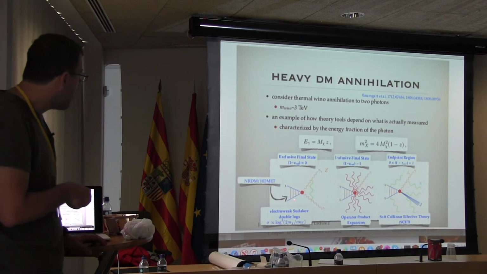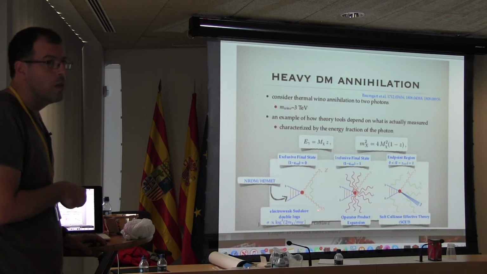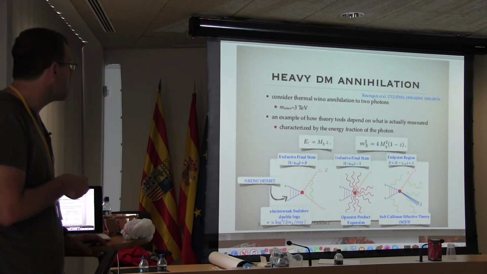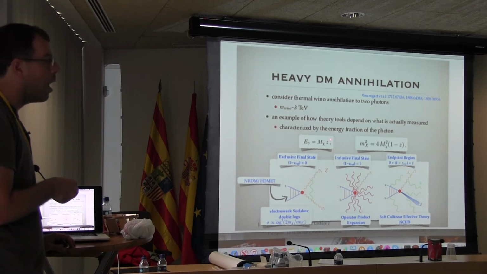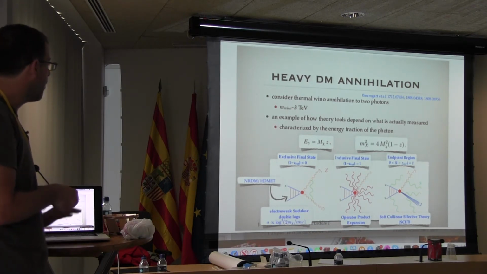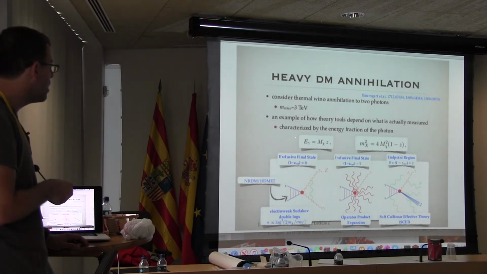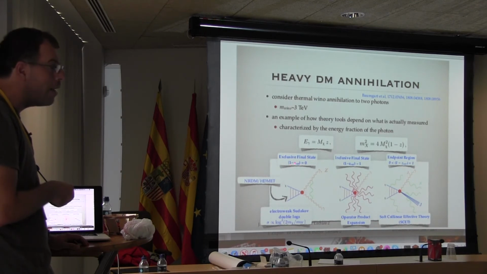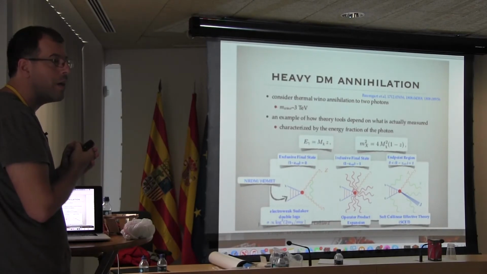That means the energy release was 2 times the mass of dark matter, and it went into 2 photons, so each of these 2 photons has the energy of m chi, and that means Z would be 1. So if you have an exclusive final state, you cut Z at 1, the very end of what Z could be.